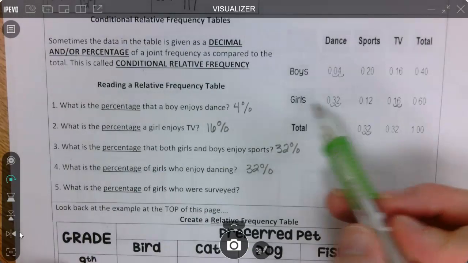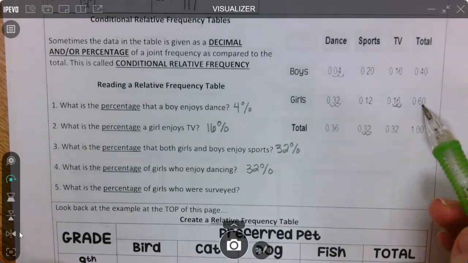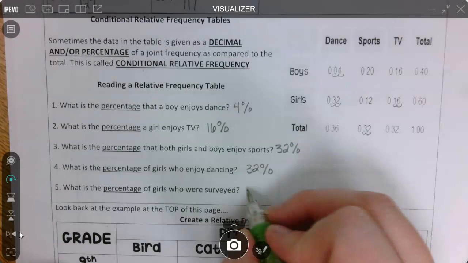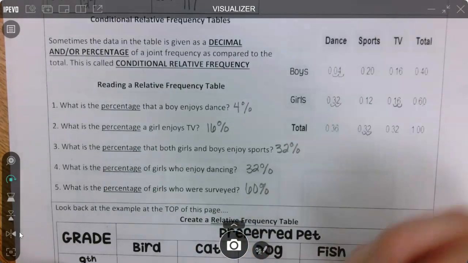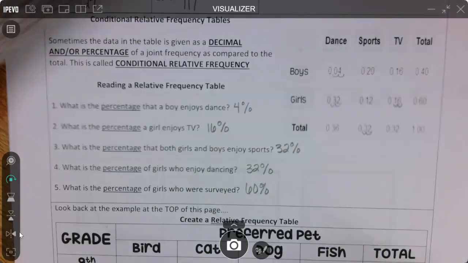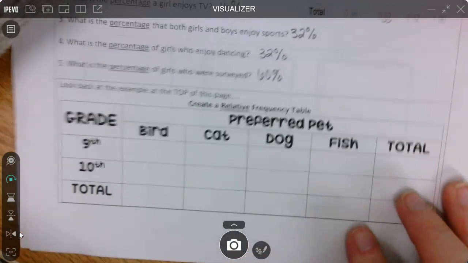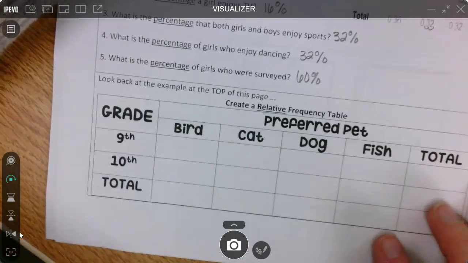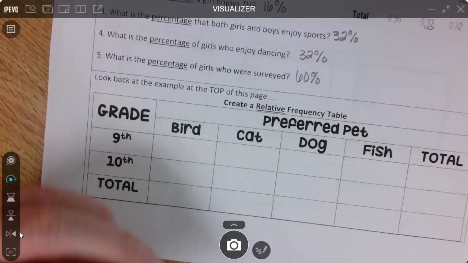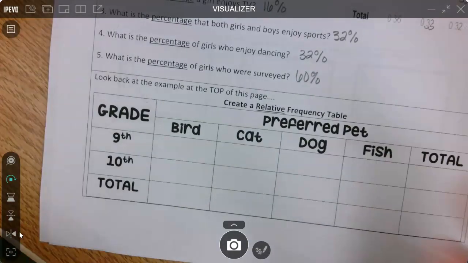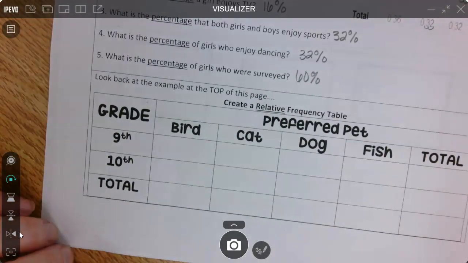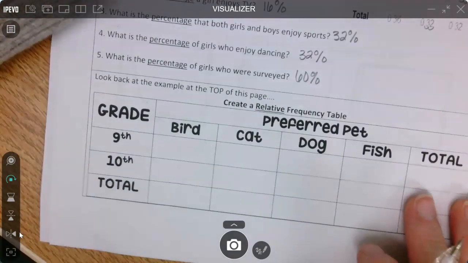Okay, so girls total surveyed is 0.60, so that is 60%. All right, and then the last table we are going to fill out. So we're going to look back at the top of this page. So this was the preferred pet for 9th and 10th graders.